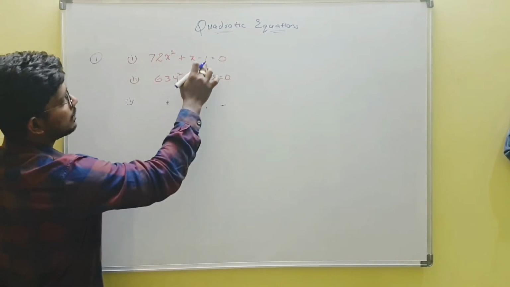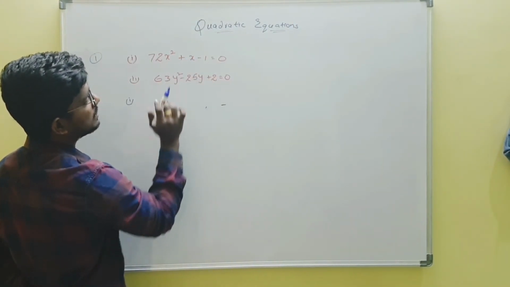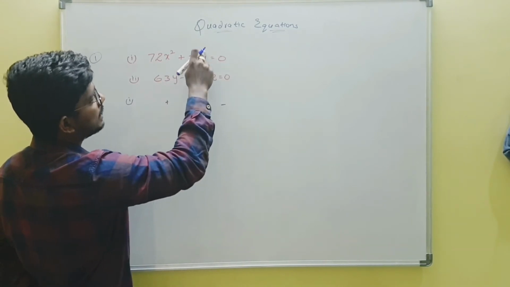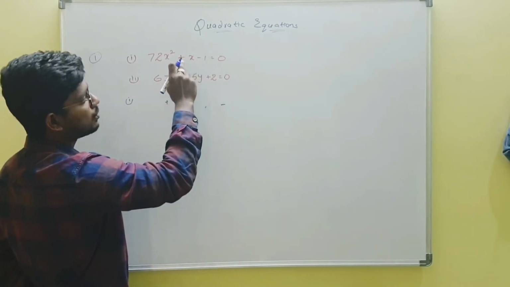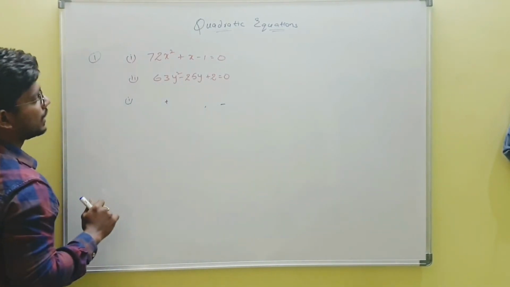Now I have to take the coefficient of x as 1 and I have to divide that 1 such that the sum should be equals to 1 and product must equals to 72x square.